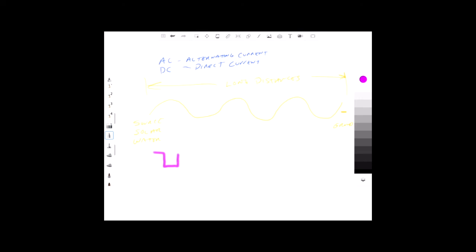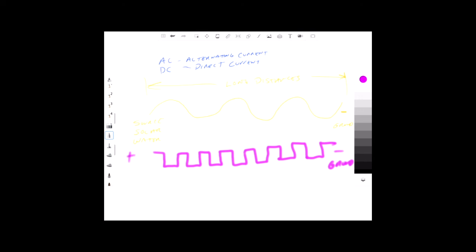It goes up and down. It's on or off. And where you see a lot of DC being used, it only goes short distances, so it's got its own benefits. But if you think about it, again, we have a negative, a ground, and we have positive over here.